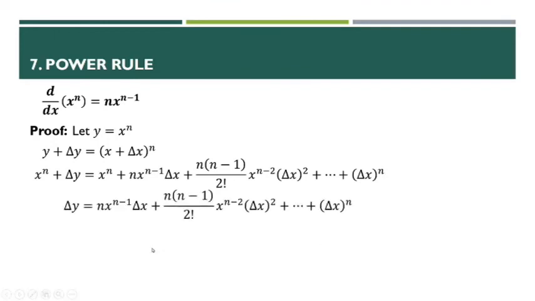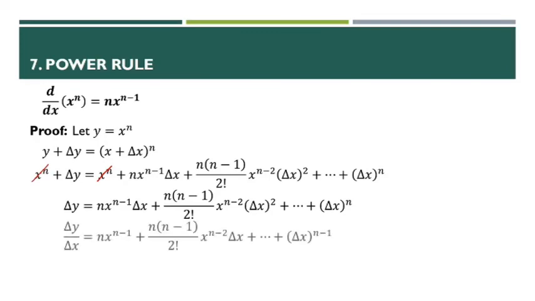Then, kapag din-transpose natin itong x raised to n sa kabila, magma-minus ito. So we can cancel them out. So what will remain is delta y is equal to n times x raised to n minus 1 delta x plus the whole expression.